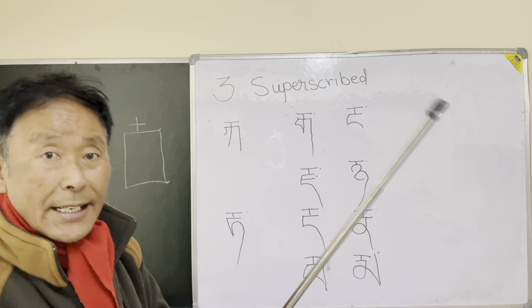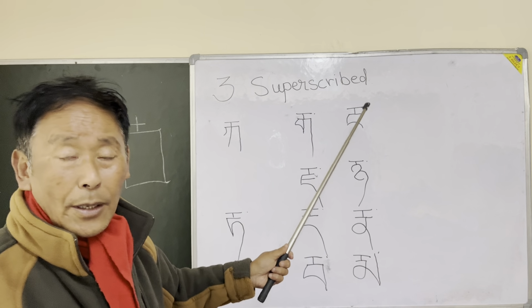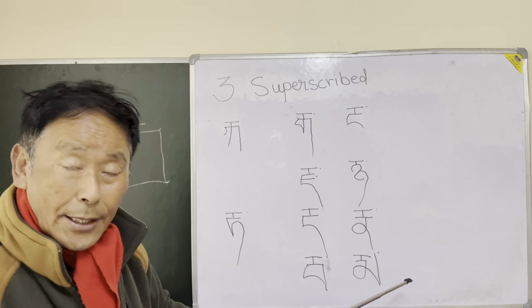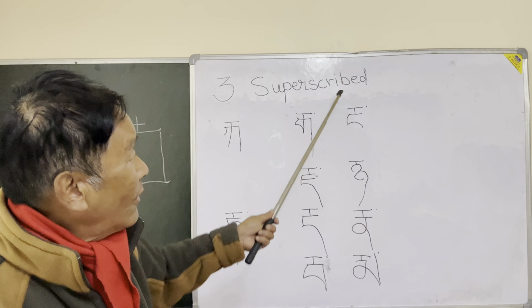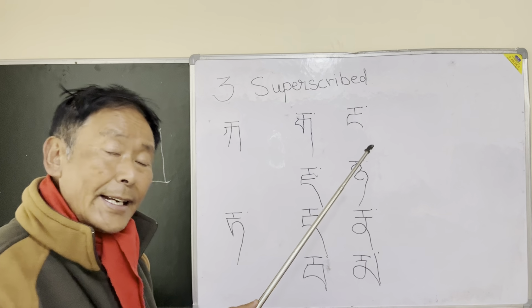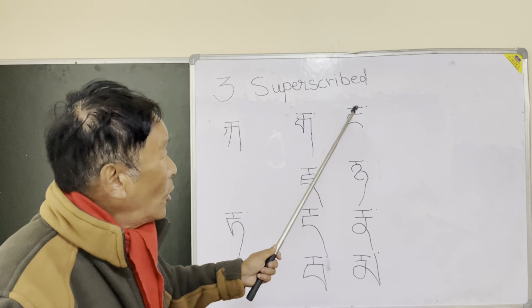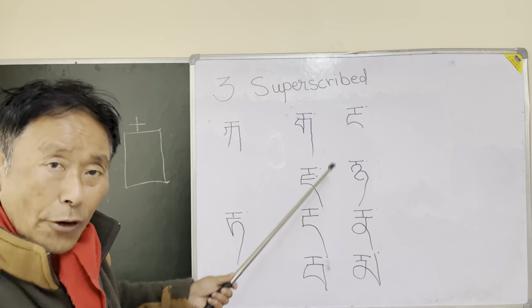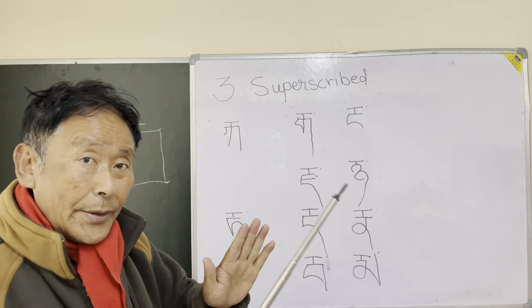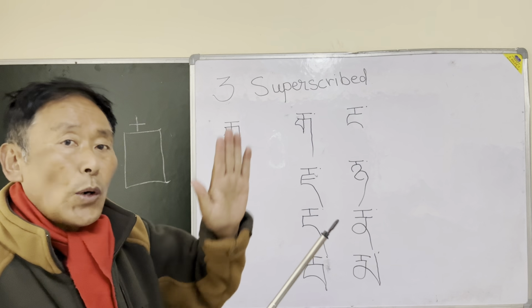If you add any superscript on the consonants which are in the fourth column, then the tone changes from somewhat low to high.